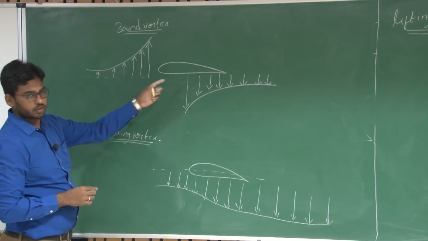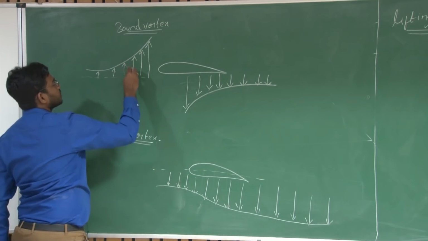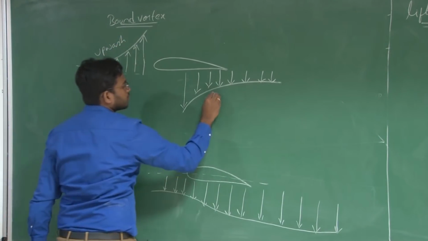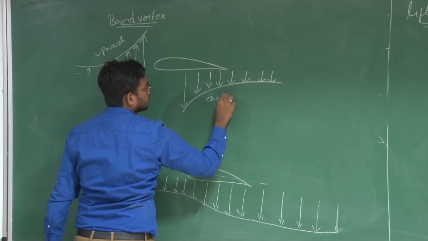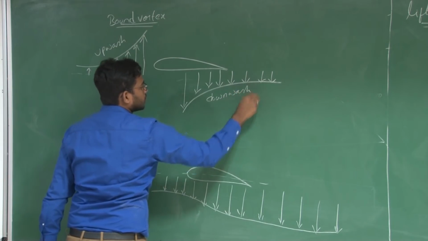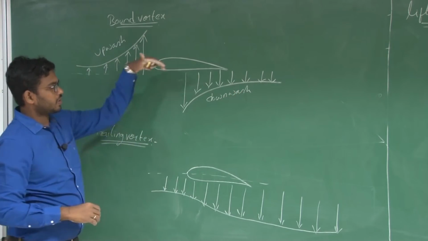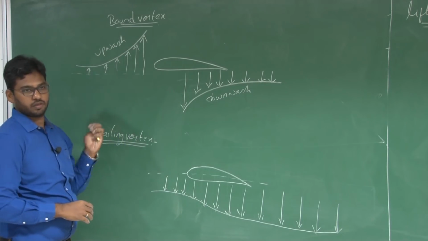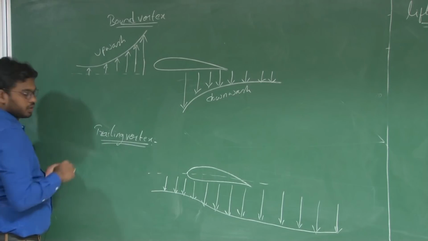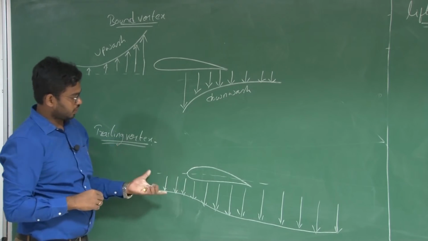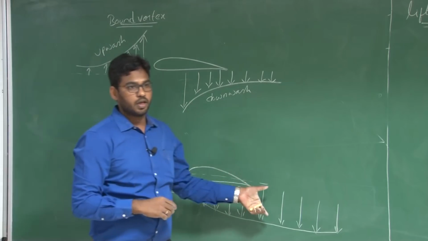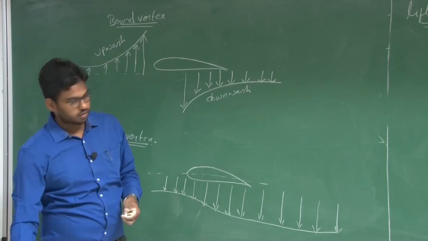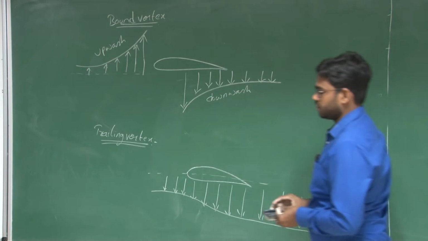Let us take the side view here. This bound vortex will induce an upwash ahead of the wing and a downwash behind the wing. Assume that it tries to push the flow down behind the wing and push the flow up ahead of the wing, right? Whereas this trailing vortex will create a downwash along the span-wise direction, throughout the span of the wing.